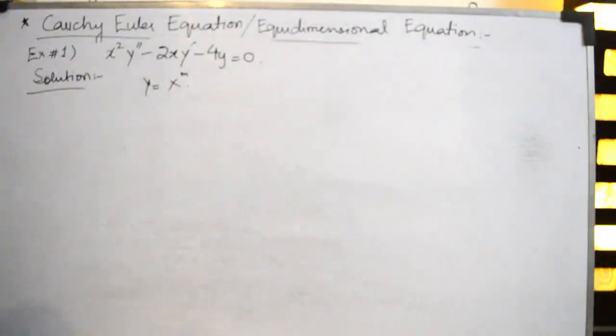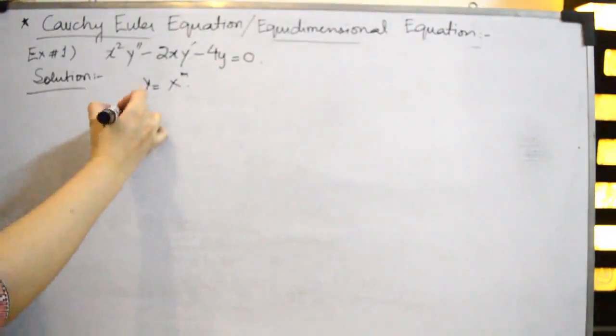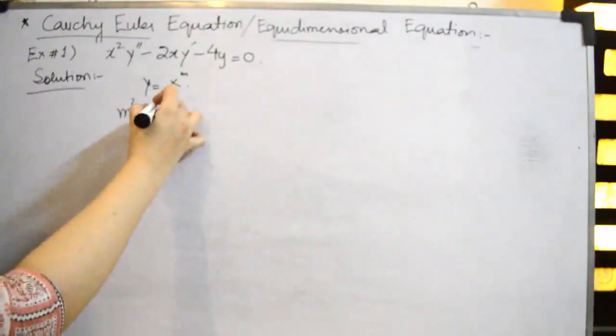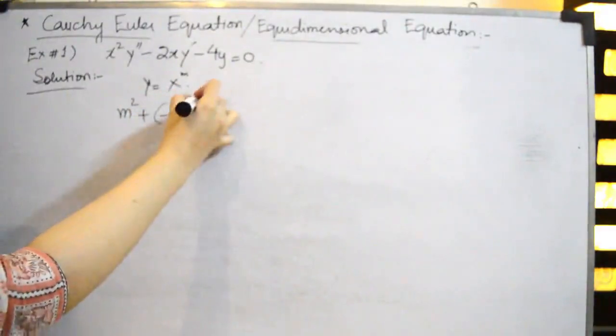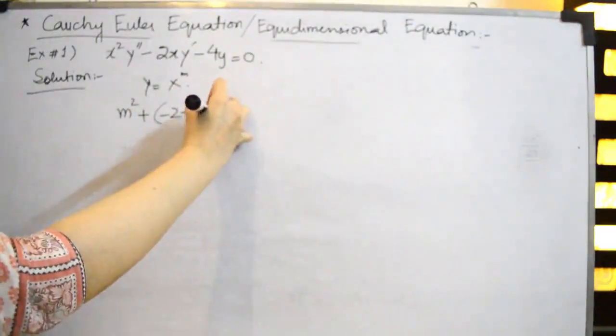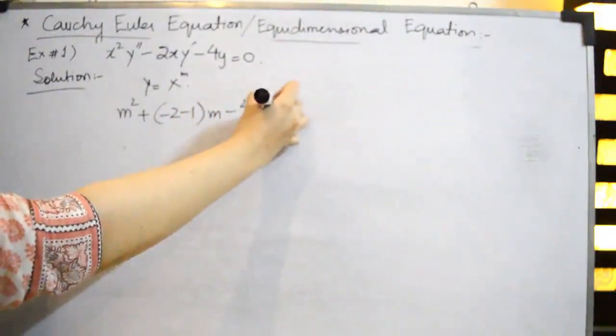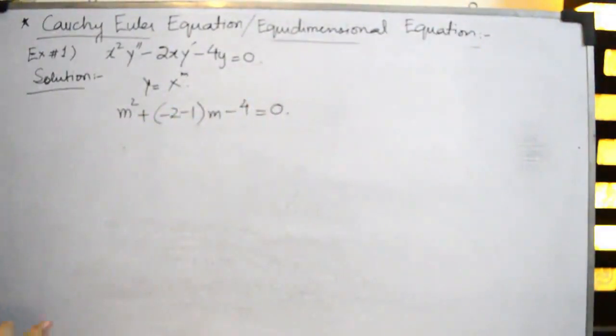But here I will use the simple auxiliary equation, that is a m square plus (b minus a) m plus c equals 0.